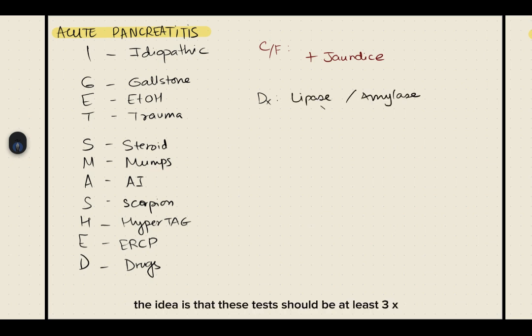The idea is that these tests should be at least 3x their normal for it to be considered positive. Remember that lipase is more specific, peaks quicker, and remains elevated for a longer period of time than amylase.